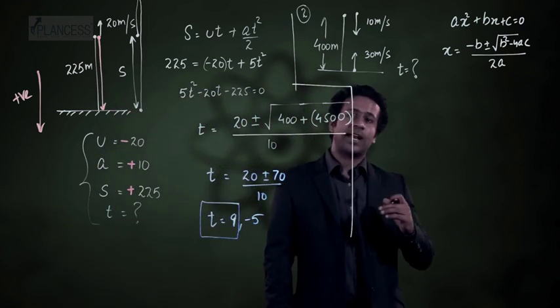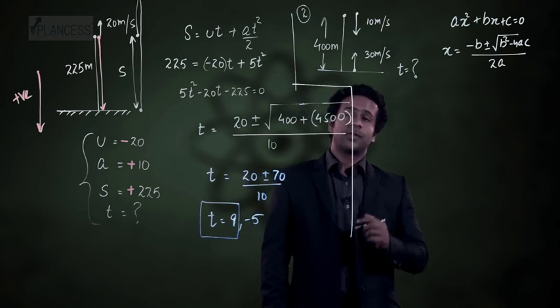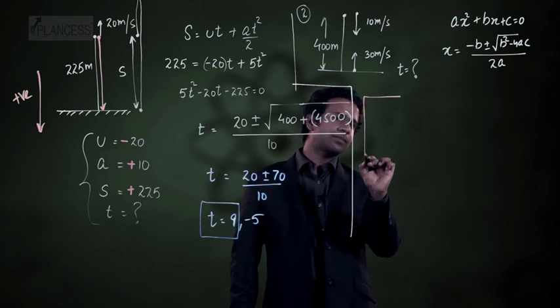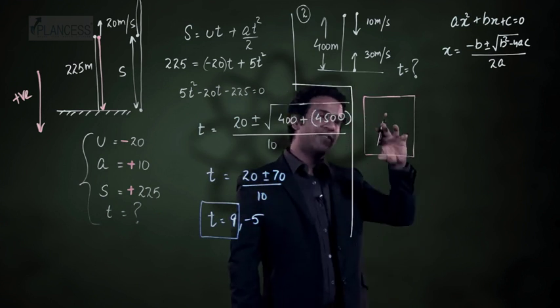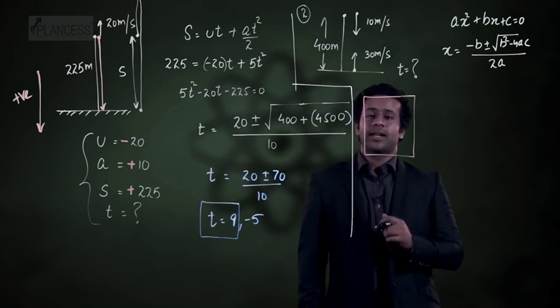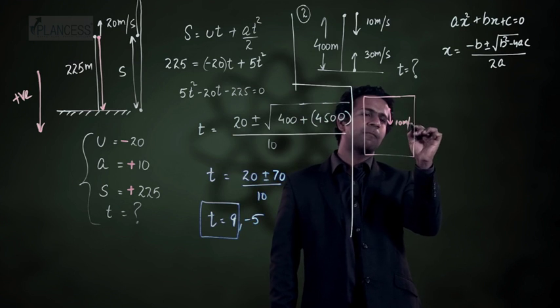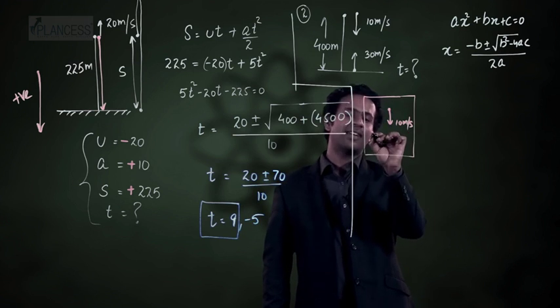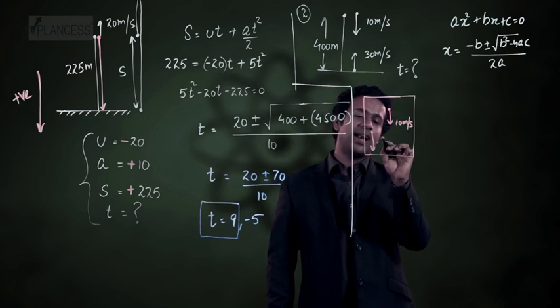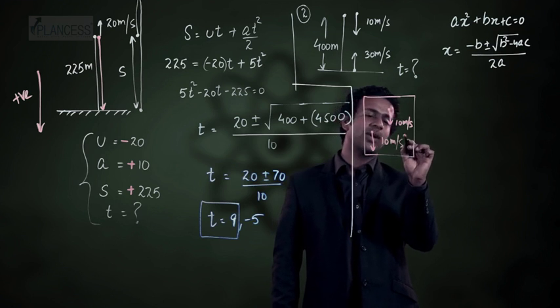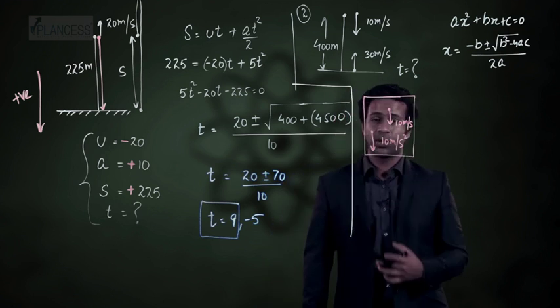Let's first look at the ball which is thrown from the top. For that ball, we'll draw everything within this box. Right. So we have the ball being thrown down at 10 meters per second. We also know that it will have an acceleration downwards at 10 meters per second square. This is the acceleration due to gravity.